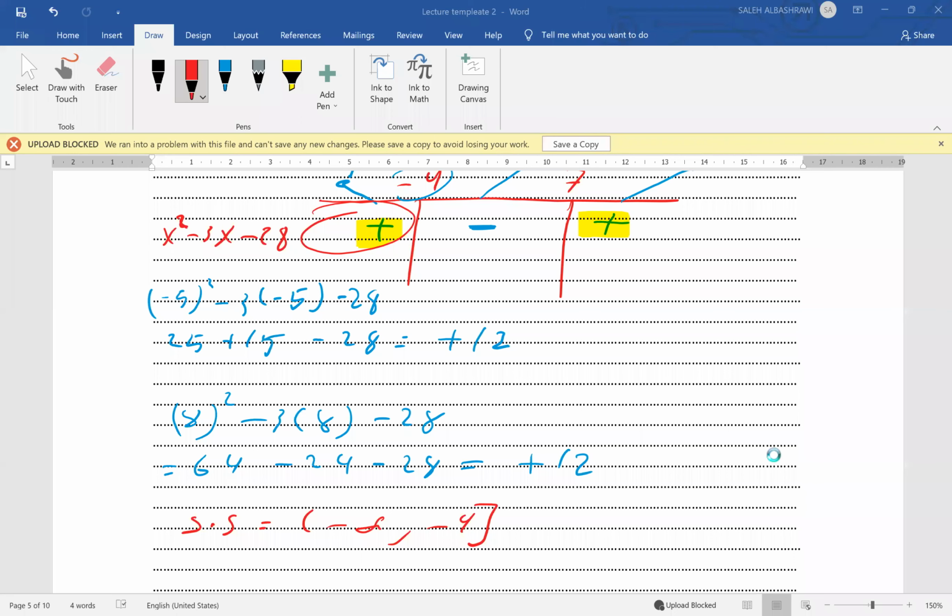So the solution set in this case will be the two intervals: minus infinity to minus 4, union, closed interval 7 to infinity. So this will be the solution set for this inequality. One more example.